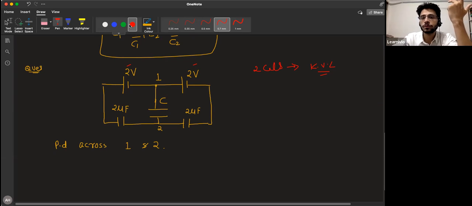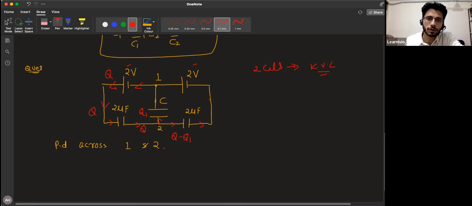The direction of current. We first do division of current. So here, instead of division of current, we will do division of charge. Some charge comes out of the cell. It goes here, then here. Then you have branches: some charge, let's name it Q1, goes through this C, and the remaining Q minus Q1 goes here.